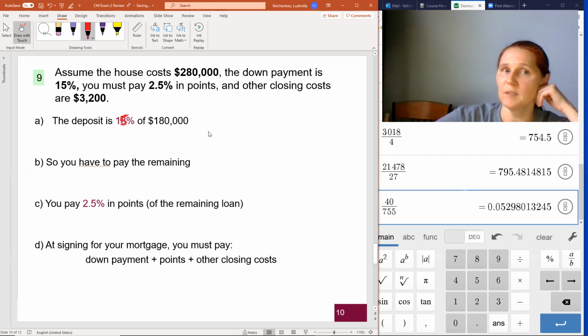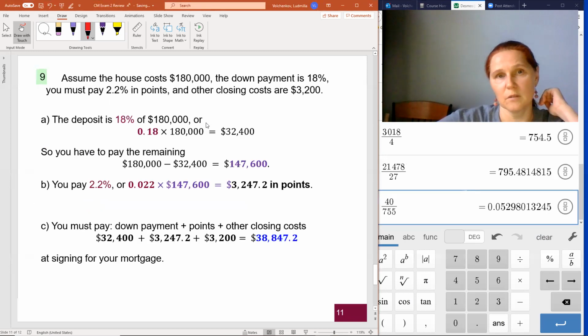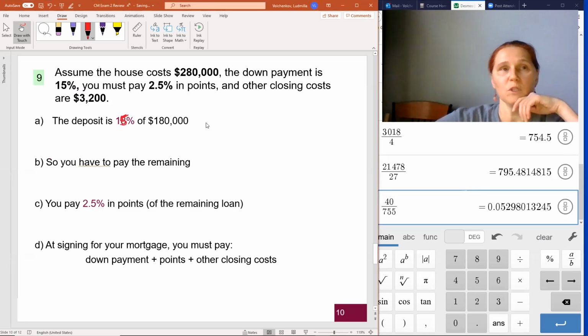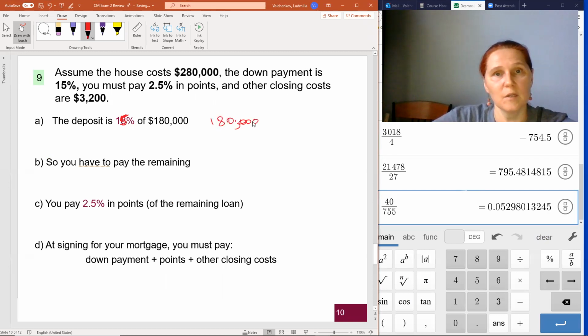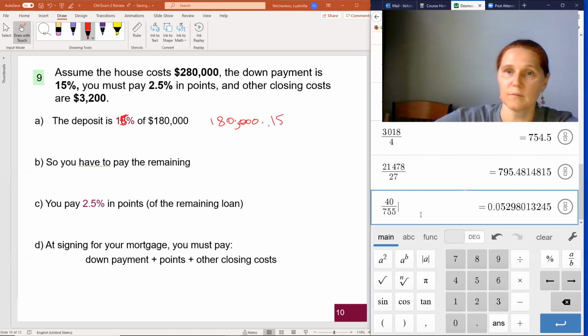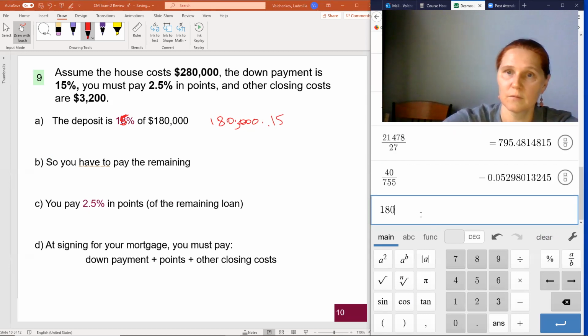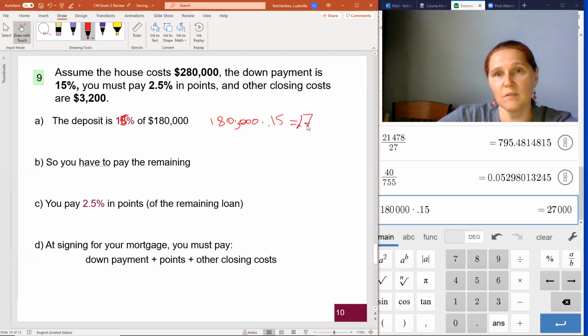So, what is the deposit on this house? We must find 15% of 180,000. 180,000 must be multiplied by 15% in decimal form, multiplied by 0.15, $27,000.